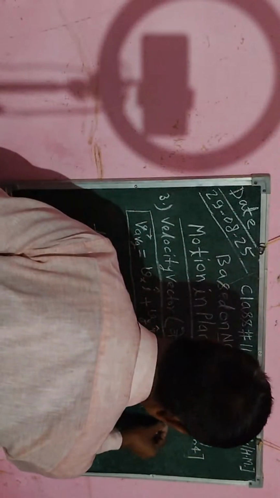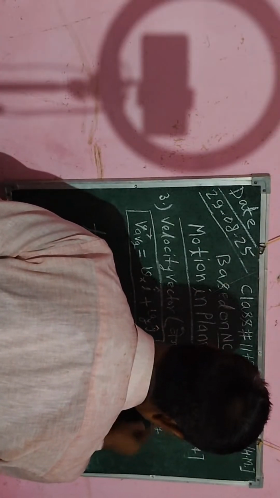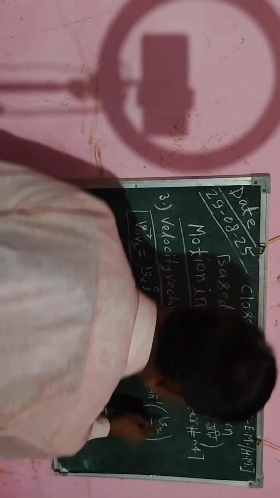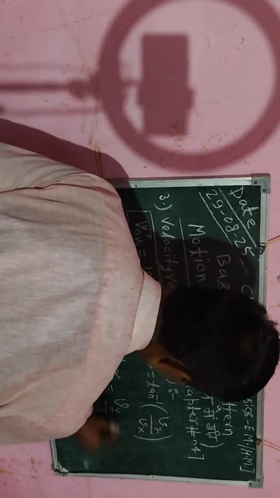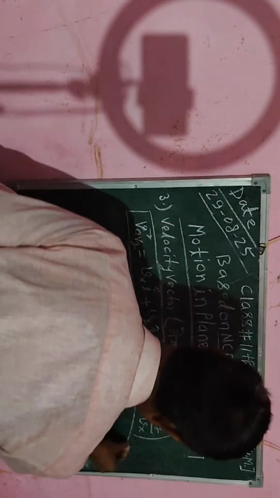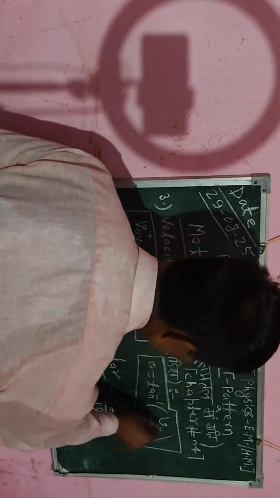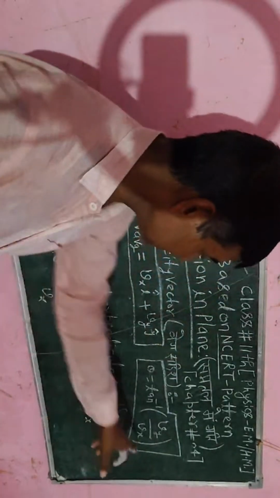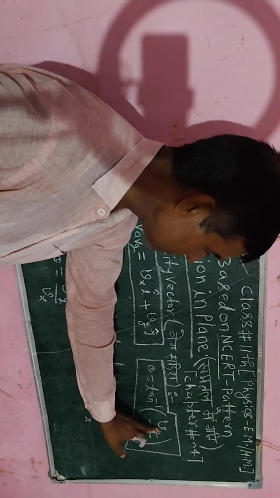Here dy is the velocity along the y axis and dx is the velocity along the x axis. Then I will say this is the angle between the vector along i cap and the other vector, the dy vector.